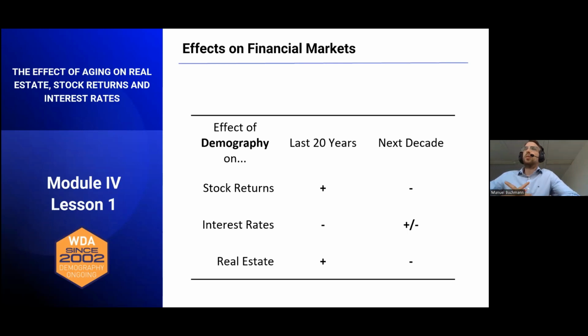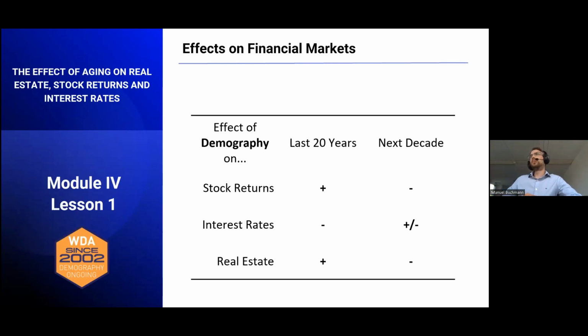In terms of real interest rates, we have seen a very strong negative effect the past 20 years, because there has been a lot of savings from baby boomers again, which depresses the return on capital or interest rates. I will go into more detail here in future lessons.